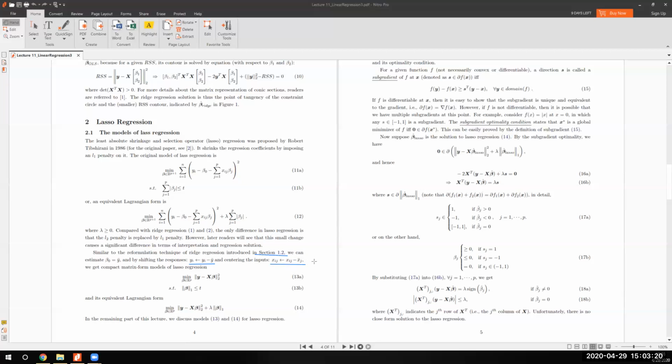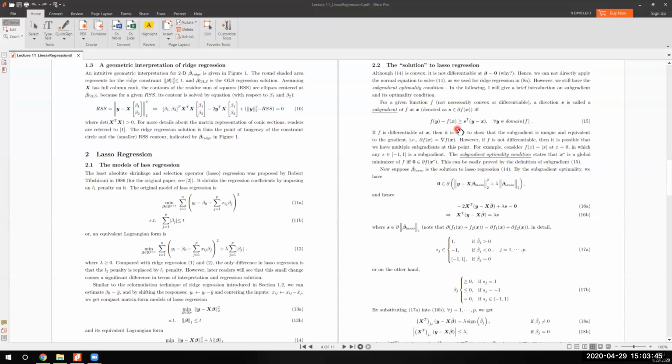By doing this, we can have a compact matrix form of the Lasso regression here, or the equivalent Lagrangian form here. But just to let you know, here we do need a shifting process rather than just naturally making it this way. This is the first thing.